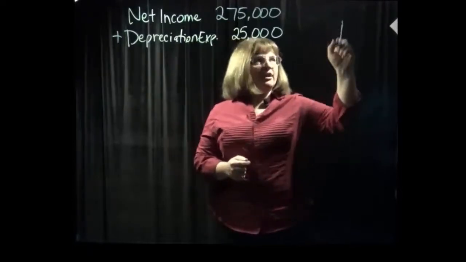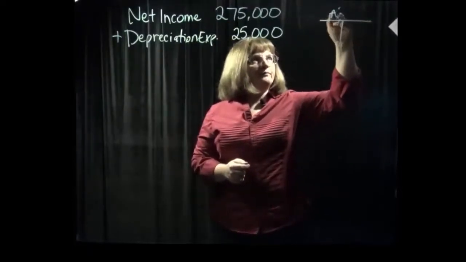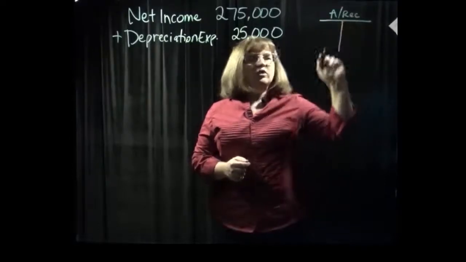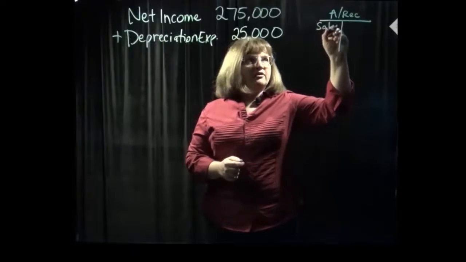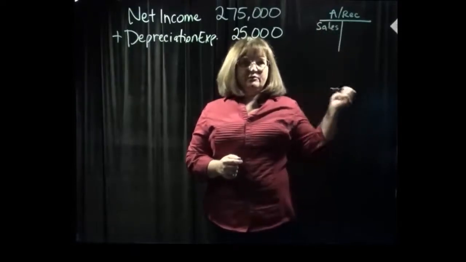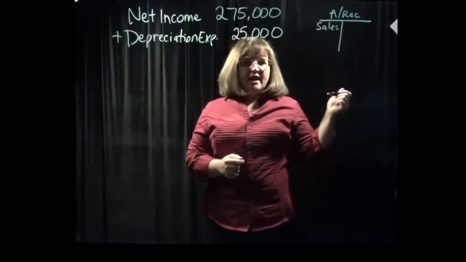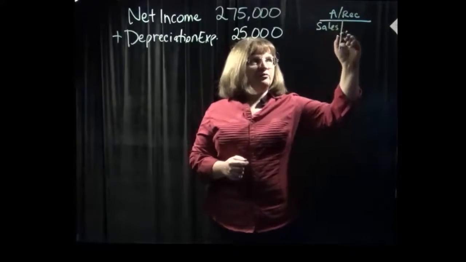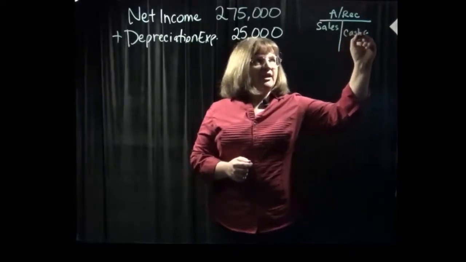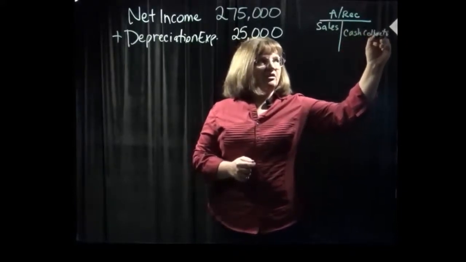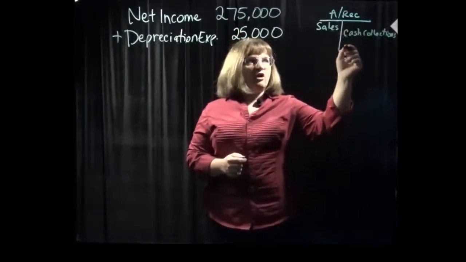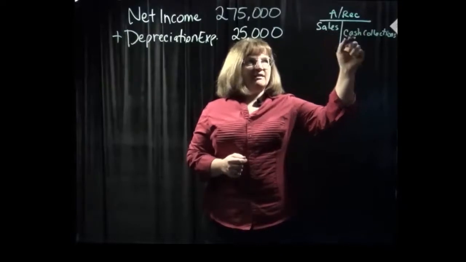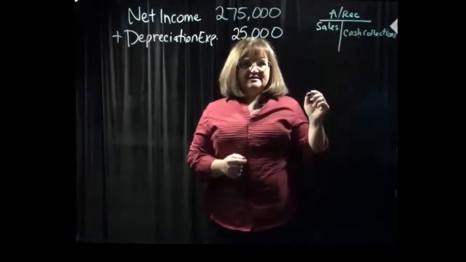Because what increases an account receivable are the sales that we debit accounts receivable and credit sales for, and what decreases accounts receivable are the cash collections on those receivables. And so if accounts receivable overall went down, that means that the cash collections exceeded the sales.